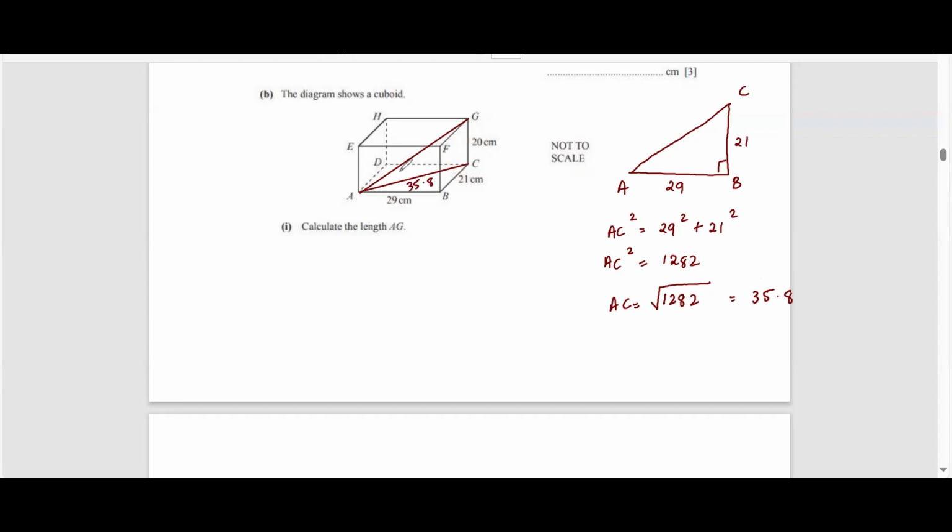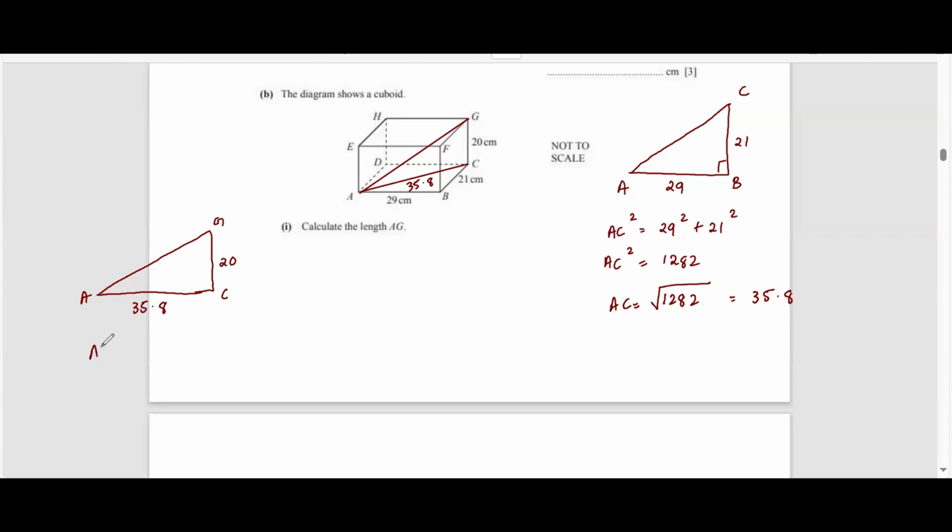The question is to find out the length AG here. To find the length AG, the right triangle that we are going to consider is AGC. So I'm just going to draw the right triangle AGC. AC is 35.8 and GC is 20.